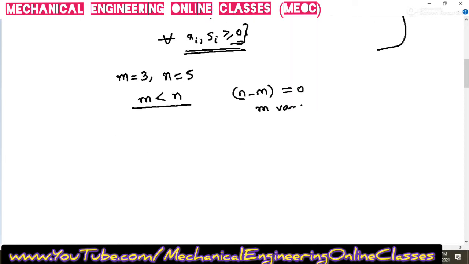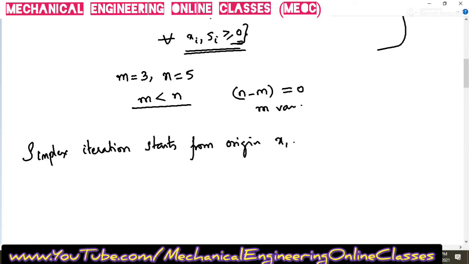So the first cycle or the first iteration starts from origin. So x1 and x2 are set to 0. So first the decision variables are set to 0. So x1 and x2 are set to 0. So this x1 and x2 are the non-basic variables here.